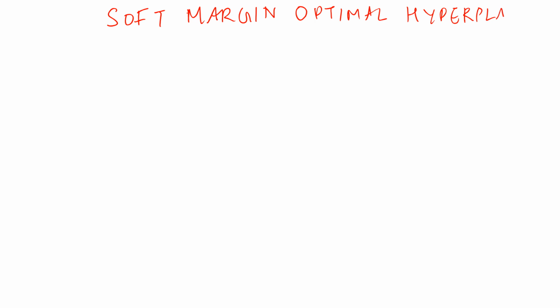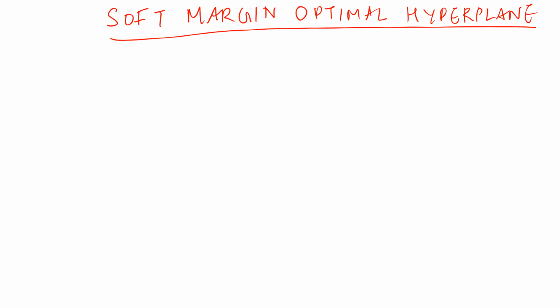Now we're looking at the soft margin optimal hyperplane. All right, so what is that? Until now, what we have discussed, the fat hyperplane with the margins, is the hard margin hyperplane. That's known as the hard margin hyperplane.